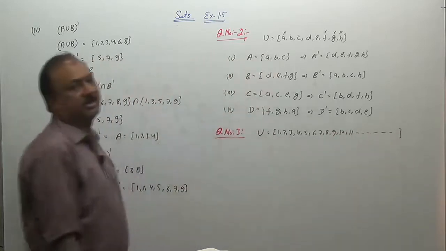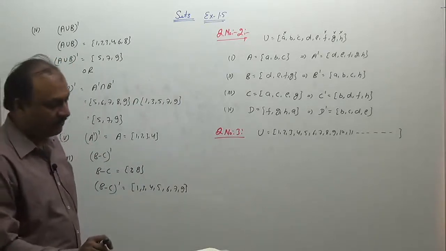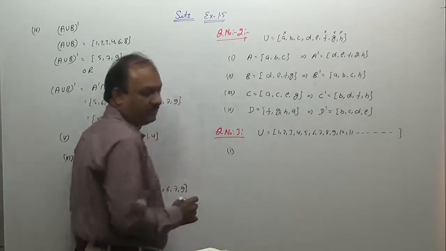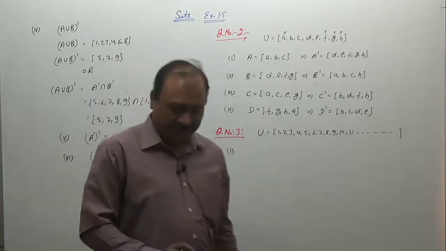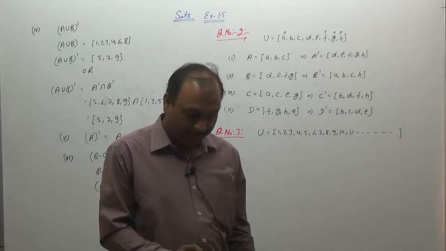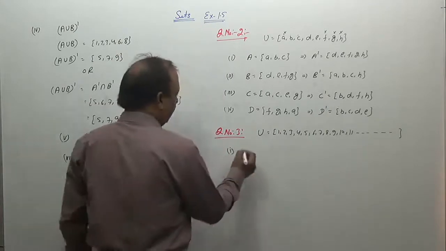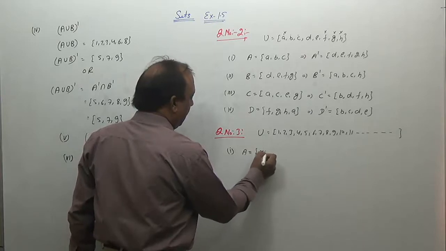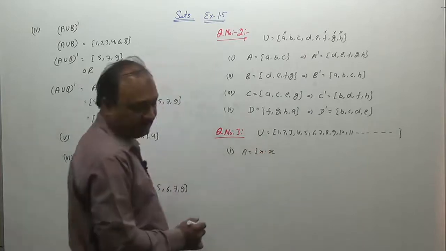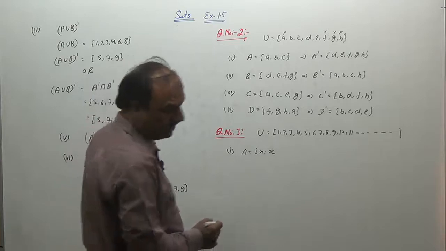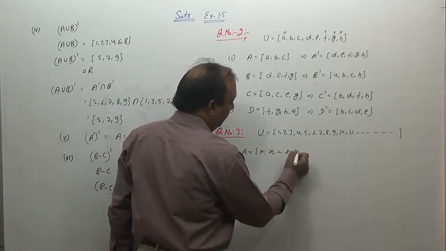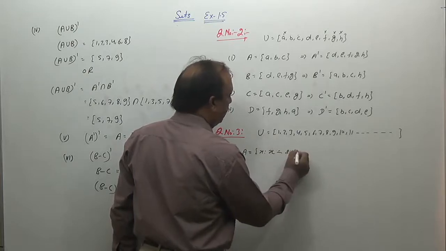Now find the complement of the following sets. The first set we denote by A, the set of x such that x is a natural number and x is an even number.